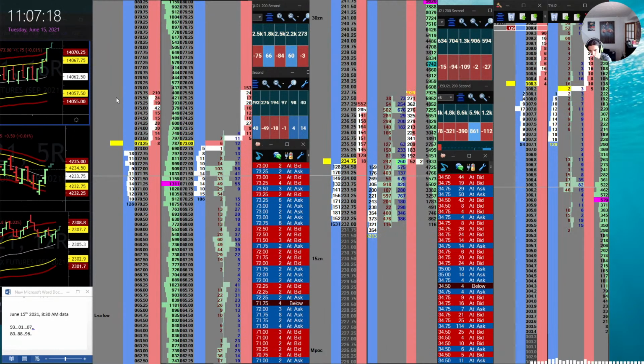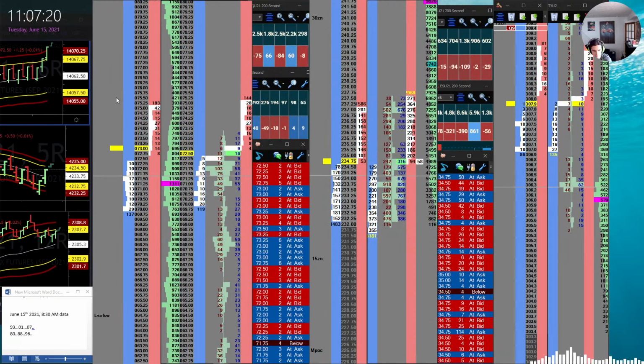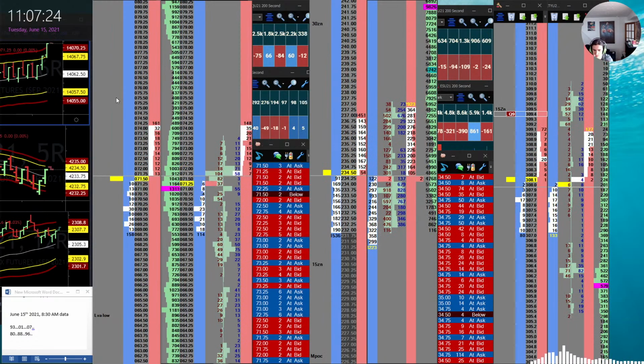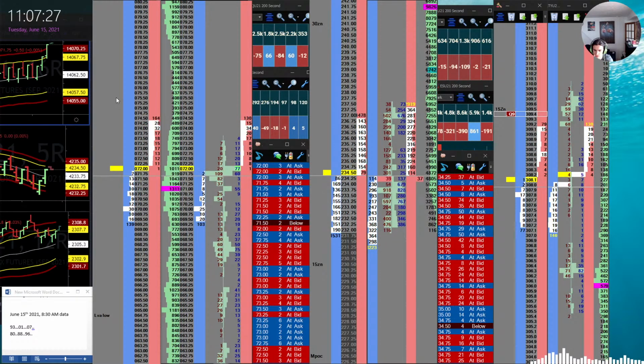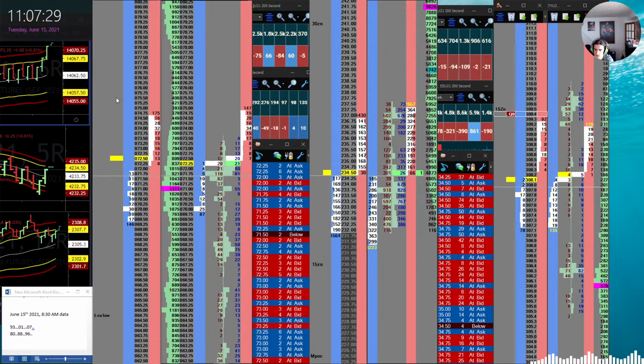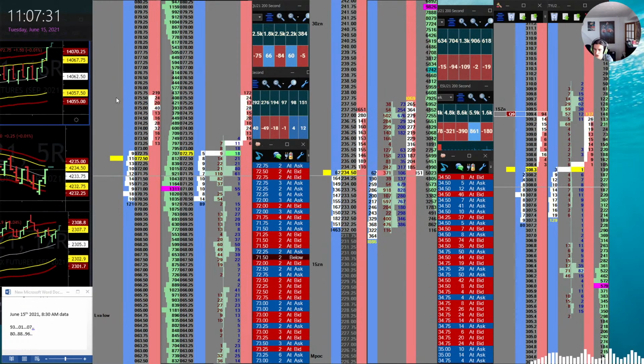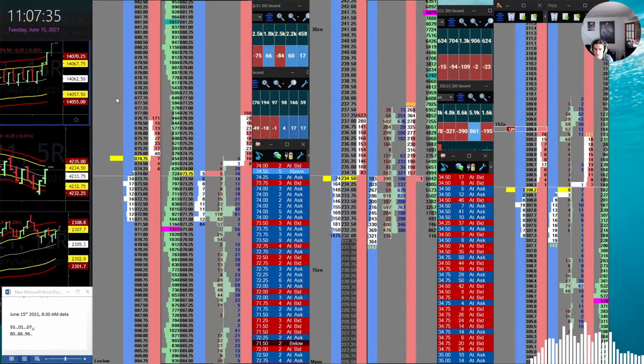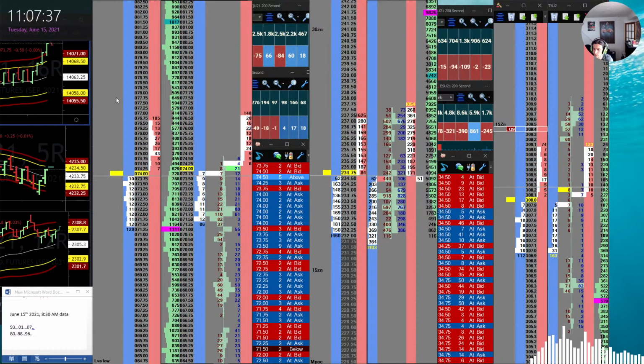Qs are bid up here at 71, trading 74s. 081s, Russell moving up at the same time here. All markets moving up same time. Qs trading 74.